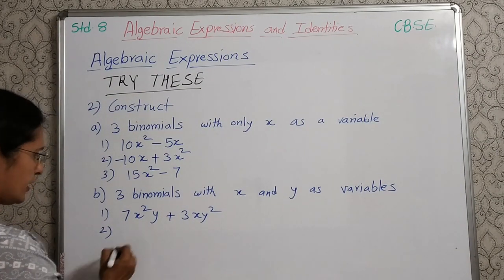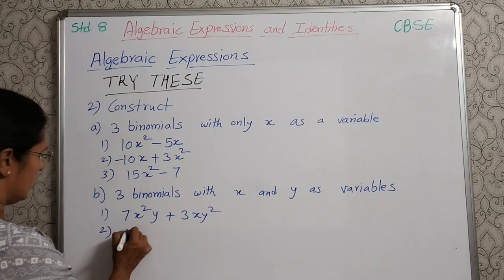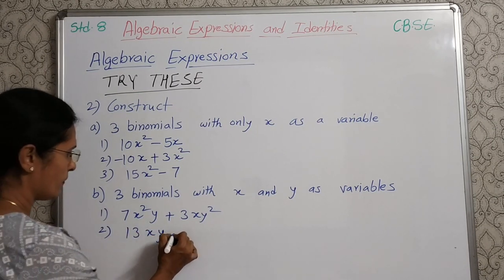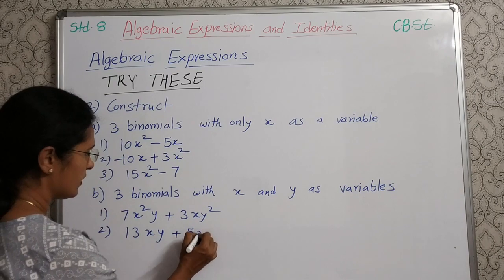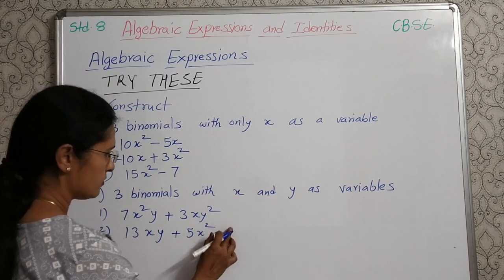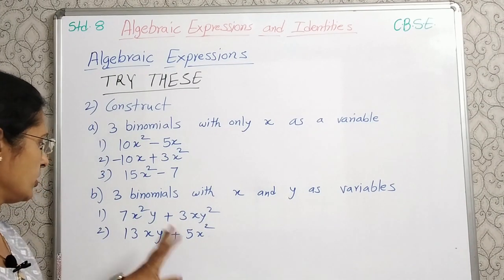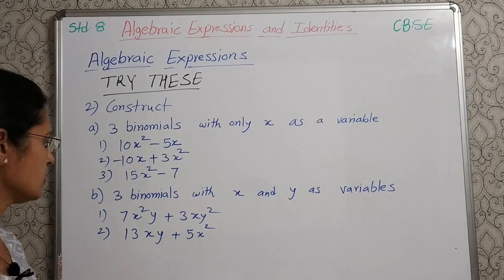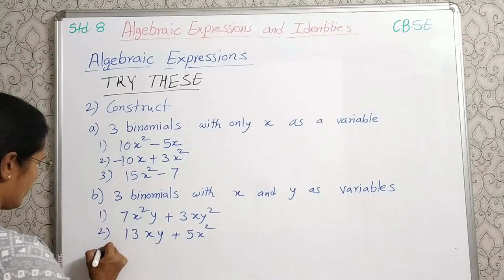Next, second, 13xy plus 5x square. We need a binomial, so only two terms, and that much is sufficient. So 13xy plus 5x square.